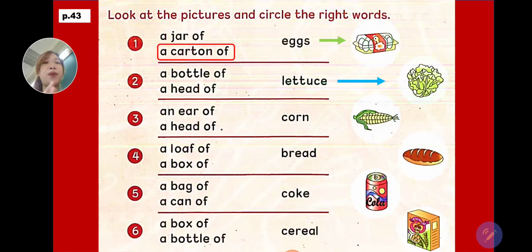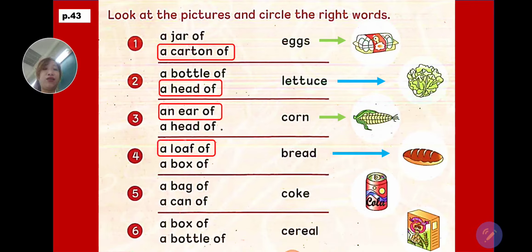So you have to say a bottle of lettuce or a head of lettuce. Yes, you are right, a head of lettuce. Okay, number 3, corn. So you should say an ear of corn or a head of corn. Yes, you have to say an ear of corn. Number 4, bread. You have to say a loaf of bread or a box of bread. Okay, you have to say a loaf of bread.